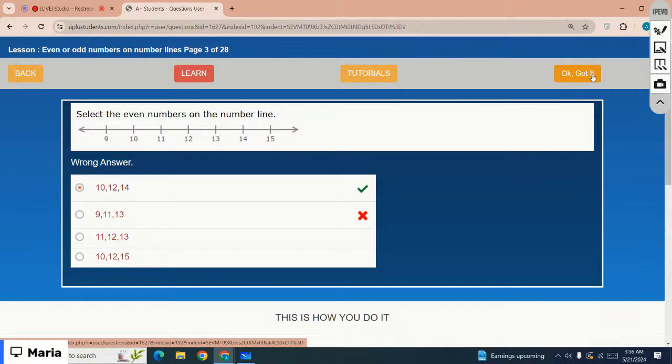Oh, sorry, even numbers it is. 10, 12, and 14 are the even numbers, right? Okay, got it.